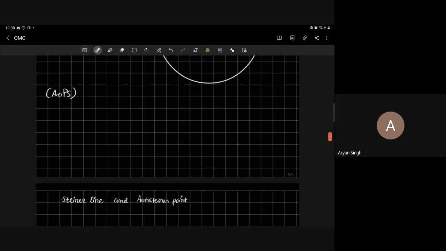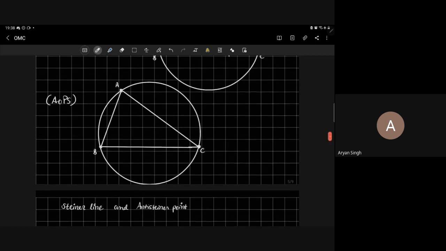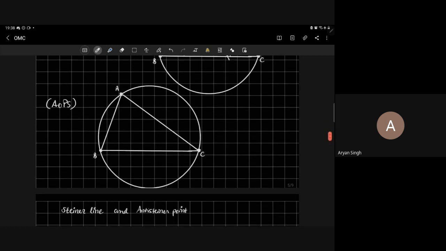Let's take a triangle ABC with circumcircle gamma and circumcenter O. Now the reflection of A in O is P, and D lies on BC so that AD is perpendicular to BC.